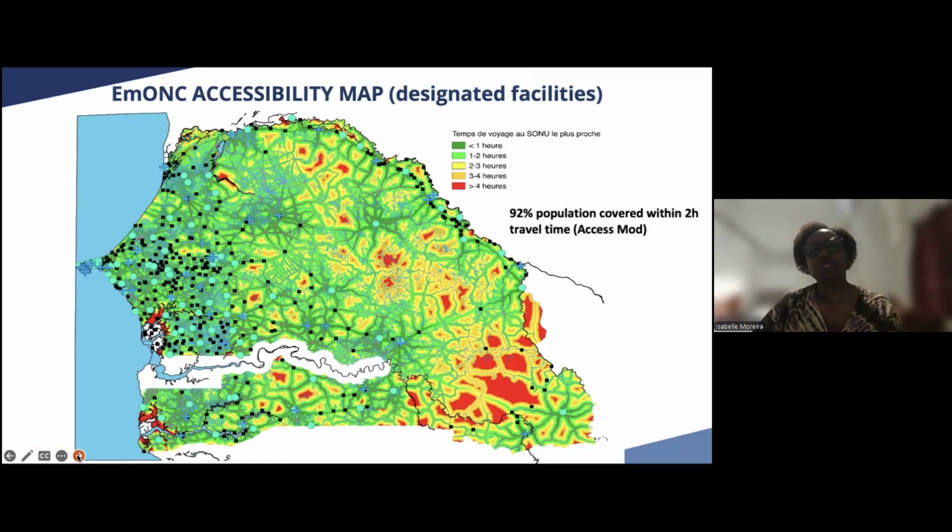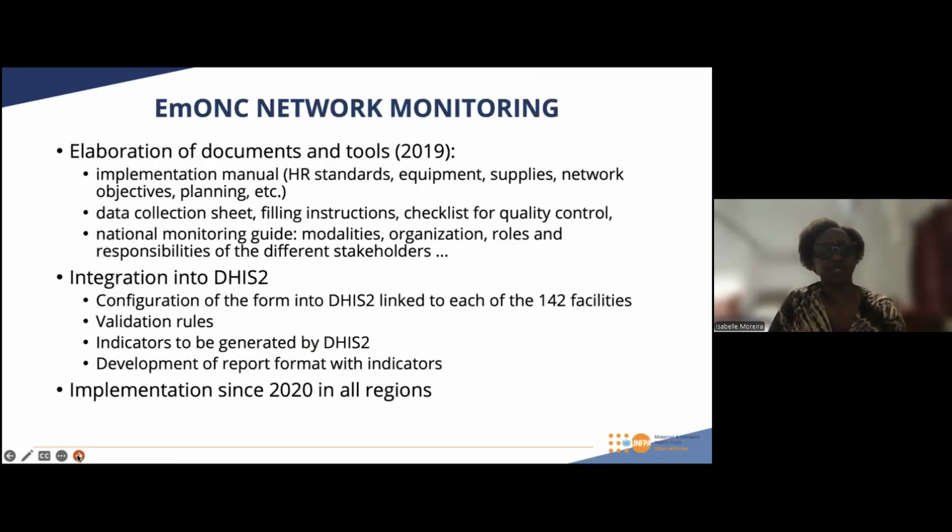I'm showing this because we are collaborating with the University of Geneva on AccessMod. Our next step is to link AccessMod with the DHIS2 to have data from facilities all the way to maps of accessibility. That is something we are working on together.